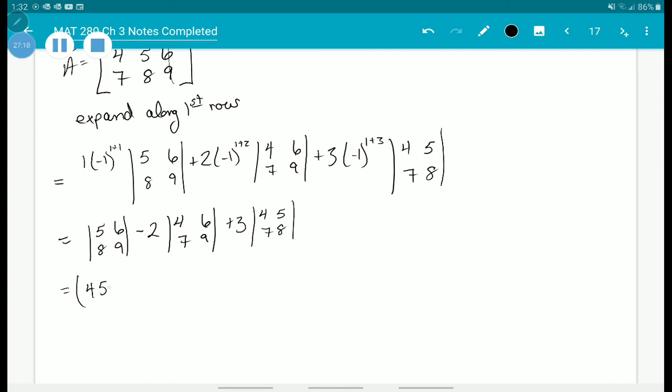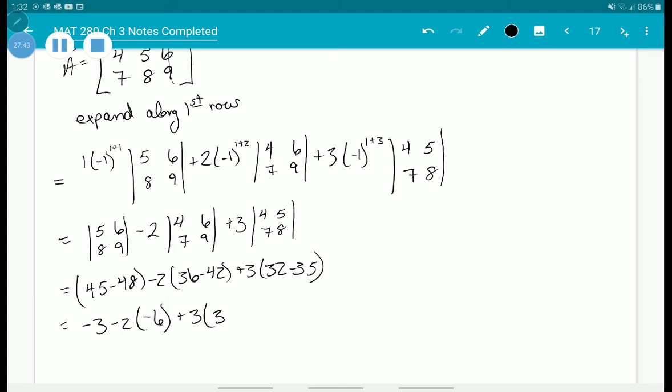So 45 minus 6 times 8 is 48, minus 2 times 36 minus 42, plus 3 times 32 minus 35. So negative 3 minus 2 times negative 6 plus 3 times negative 3. So you can see how that's going to give us 0. So we know the determinant is 0.